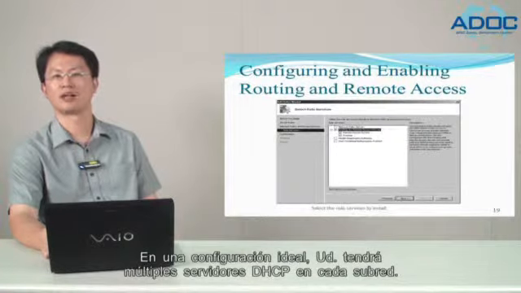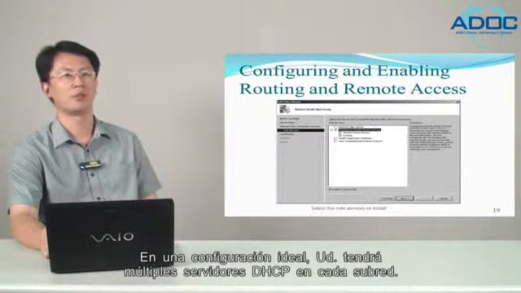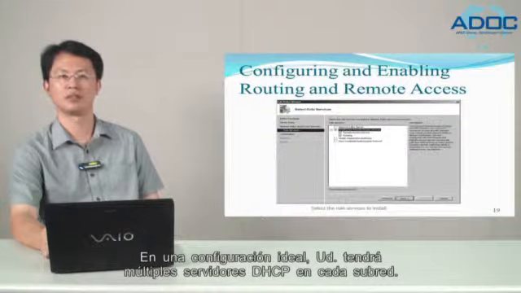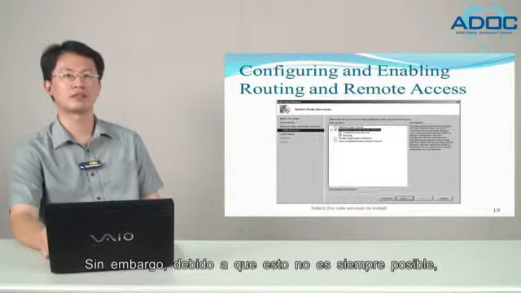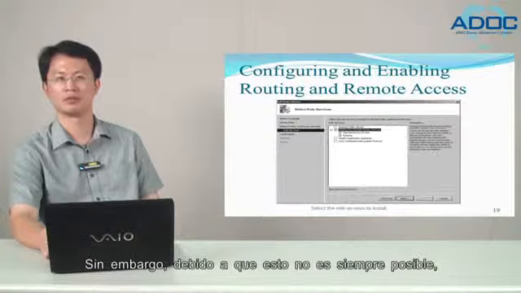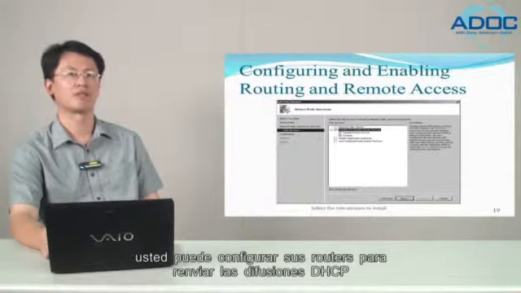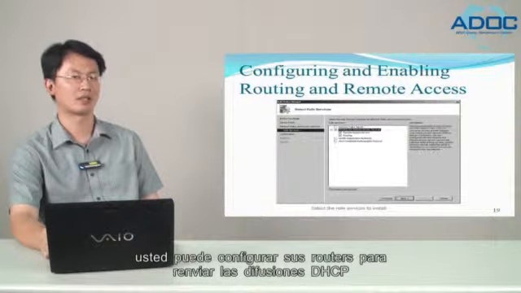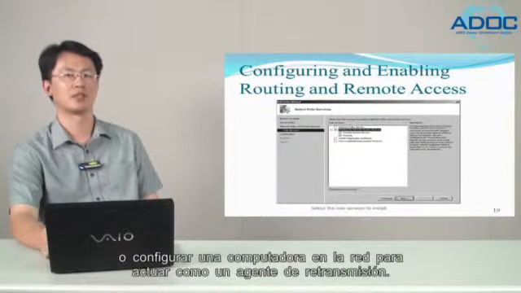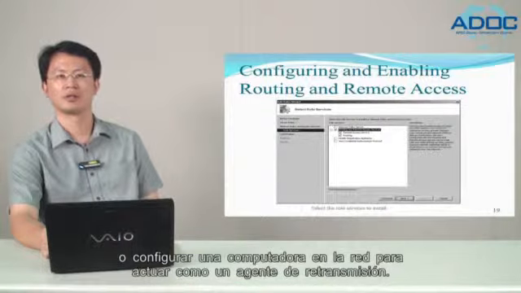Now, in the ideal configuration, you will have a DHCP server on each subnet. However, because this isn't always possible, you can configure your routers to forward DHCP broadcasts or configure a computer on the network to act as a relay agent.